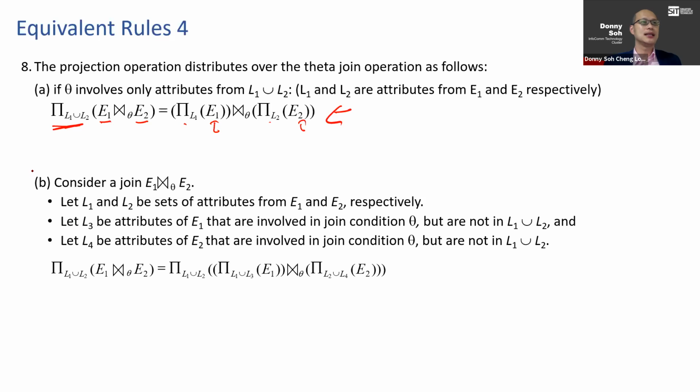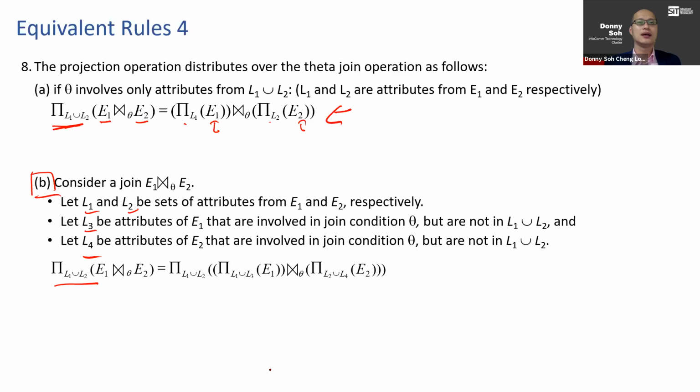8b is a little bit complicated. In 8b, I now have 4 conditions: L1, L2, L3, and L4. Now I have L1 and L2. They are the common attributes of E1 and E2. L3 is those that are involved in the join condition, but they are not in L1 and L2.